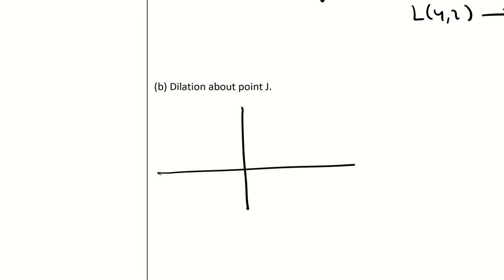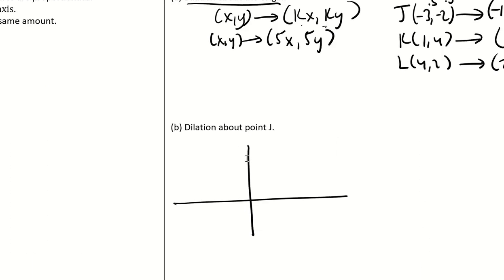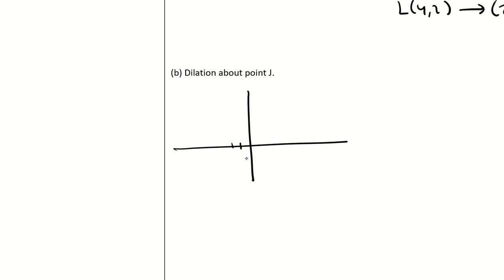All right, so we have here J is -3, -2. K is 1, 4. And L is 4, 2.